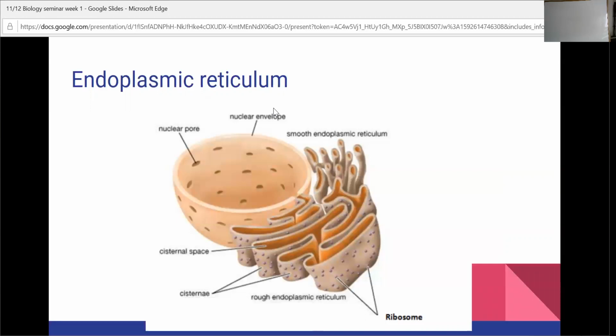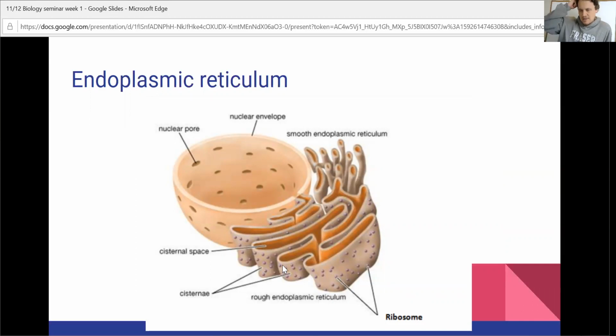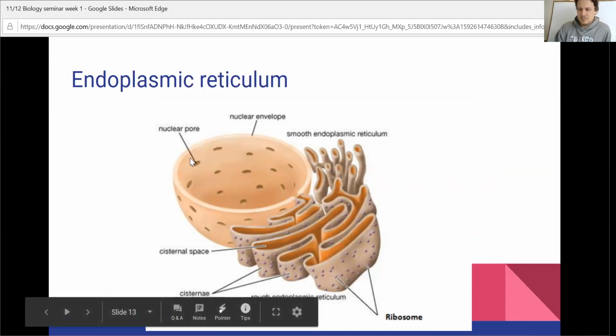Endoplasmic reticulum. You can see there the proteins go down the maze or the gauntlet, whatever you want to call it, and they're added to by the ribosomes, and then they leave through these nuclear pores. So you've got the smooth endoplasmic reticulum and the rough endoplasmic reticulum.